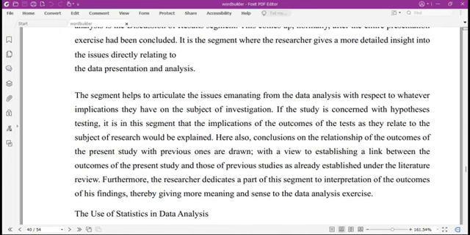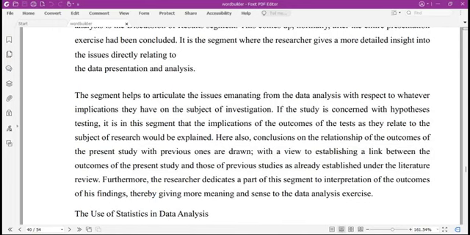Take, for instance, you're working on the effects of drugs on youth. Somebody else may have done it before and gotten his results. Now, there may be a difference between your results and the previous results that have been gotten. And then you will be able to relate the two of them and find out the reason for your own difference, whether it's the effects of the environment or whatever it is.